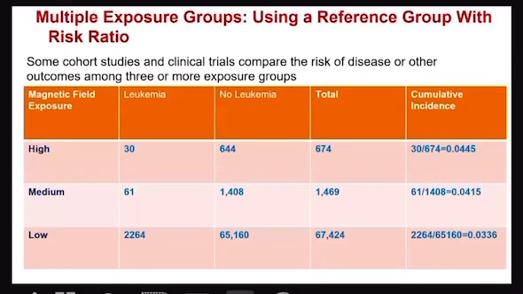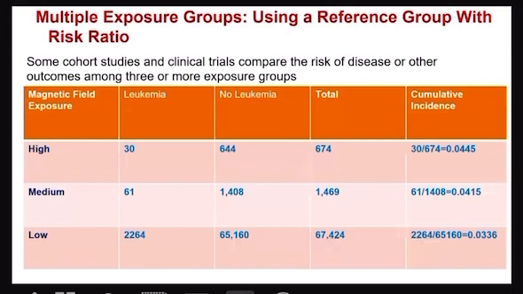Take a look at this. This is a computation where I'm having multiple exposure groups. The study here is to look at the effect of magnetic field exposure on the risk of leukemia.